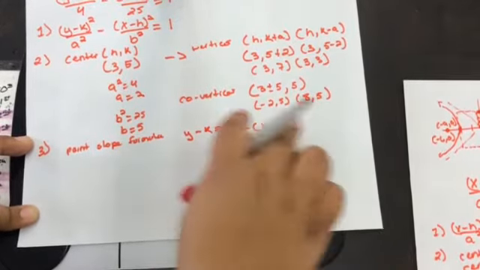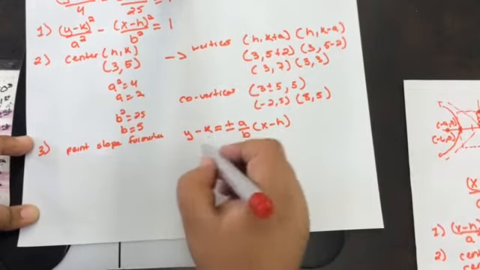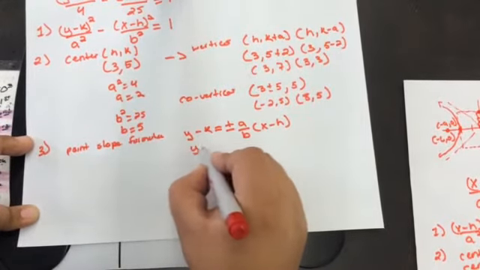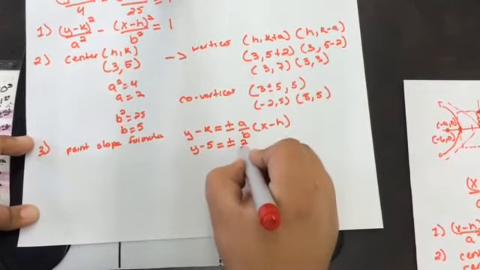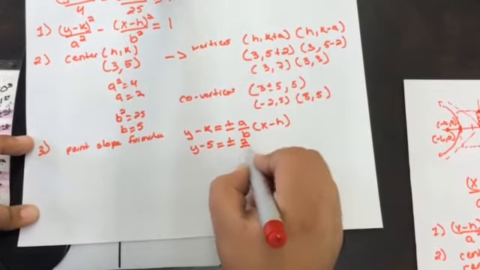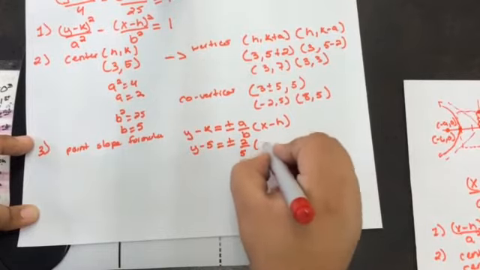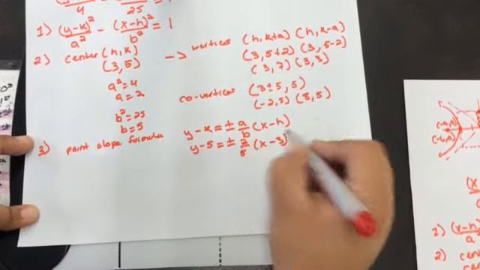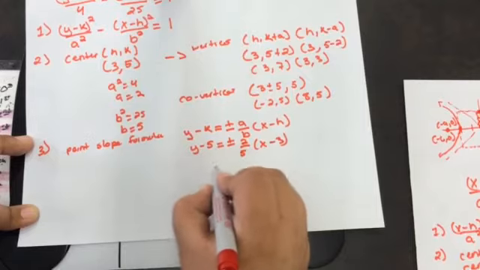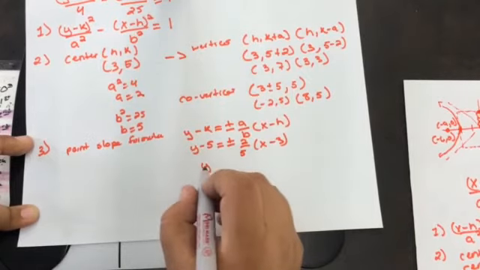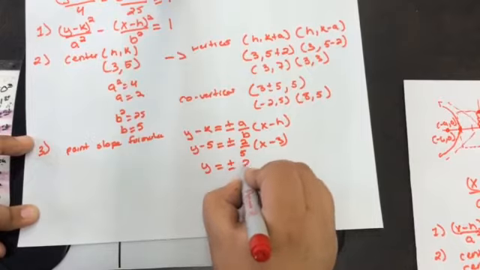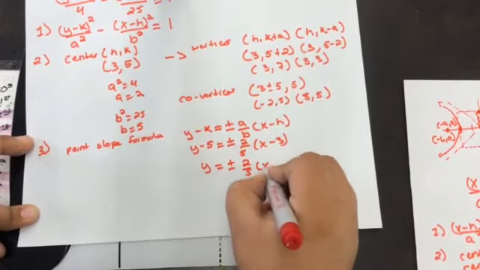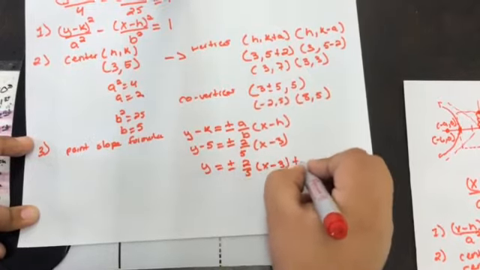We're using the center because we're starting at the center. So our k was 5, our a was 2, our b was 5, our h was 3. So the equation of the asymptote is y equals plus or minus 2/5 times (x - 3) plus 5.